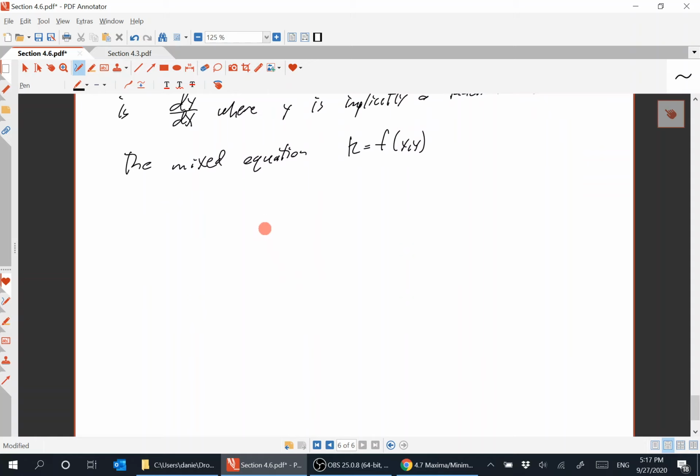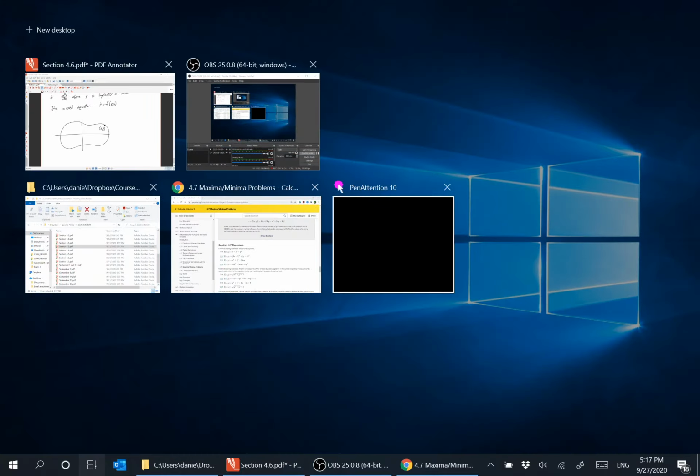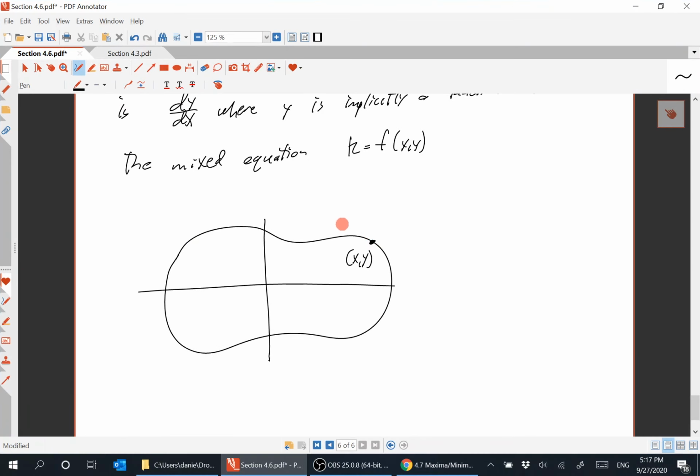So here's the picture. At this point (x,y), the slope of that tangent line is dy/dx, which is equal to what?